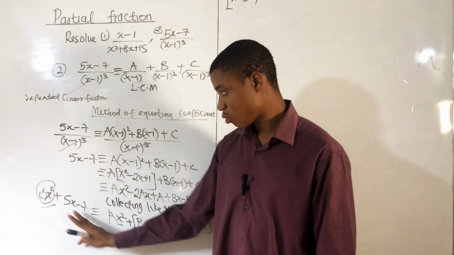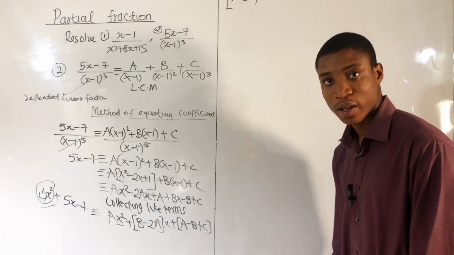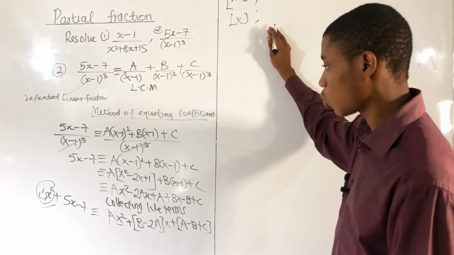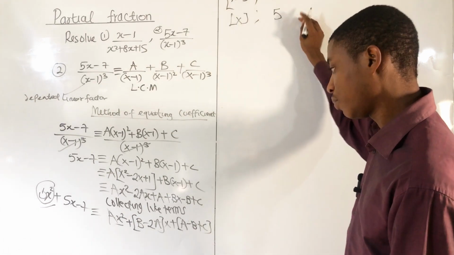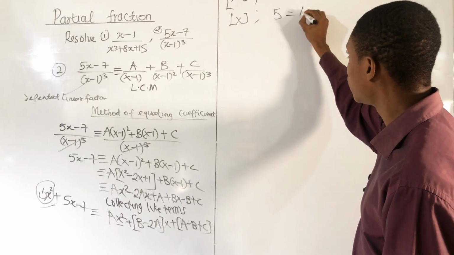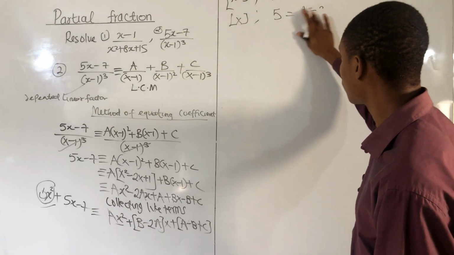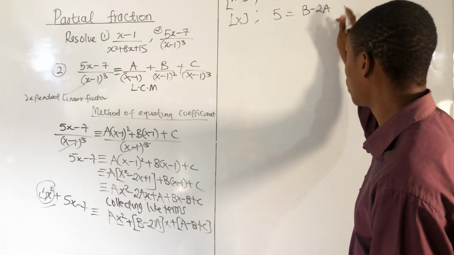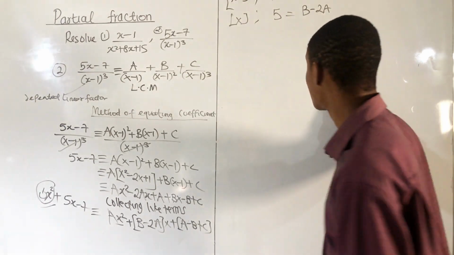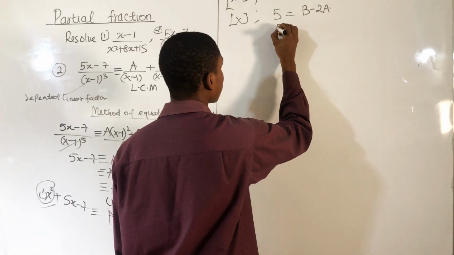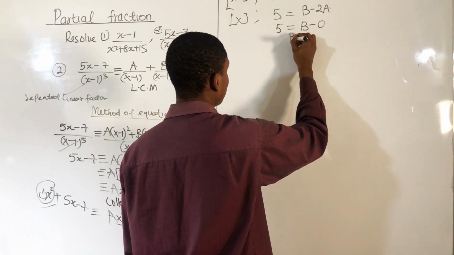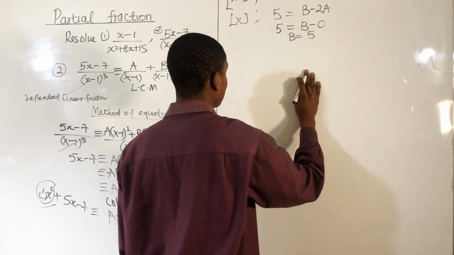Now let's compare for x. Comparing for x, we see that 5 is equal to b minus 2a. But we say that a is equal to 0, so 5 is equal to b minus 0, so b is equal to 5, right?